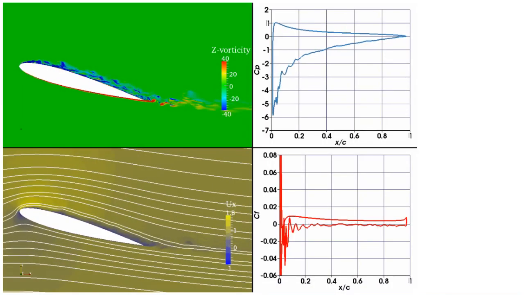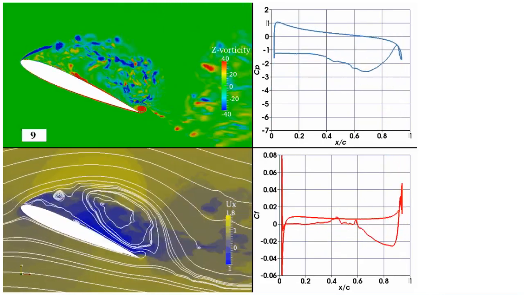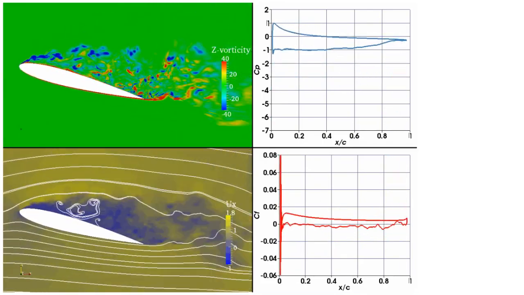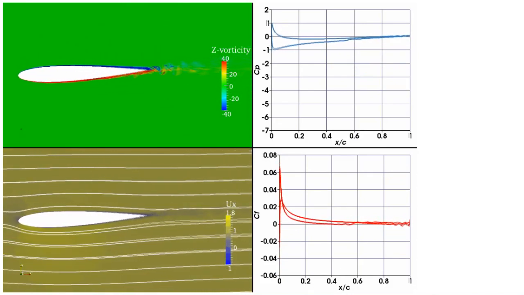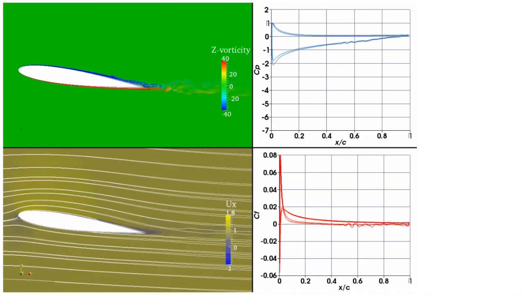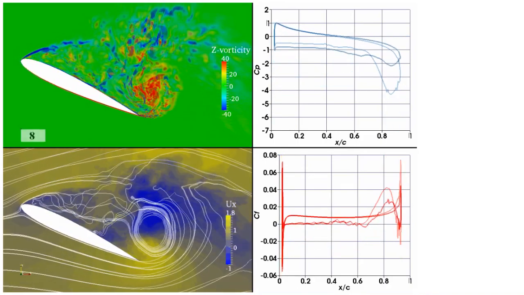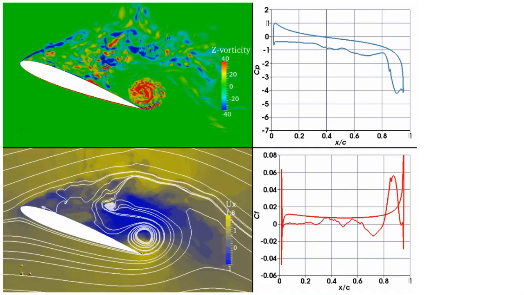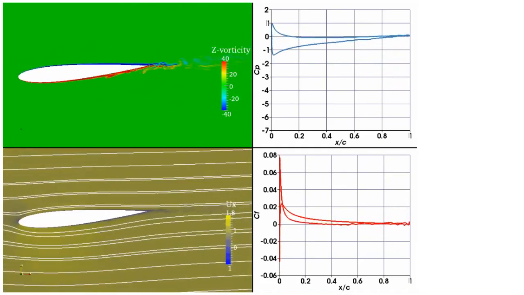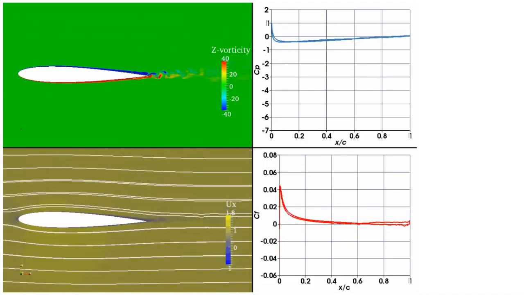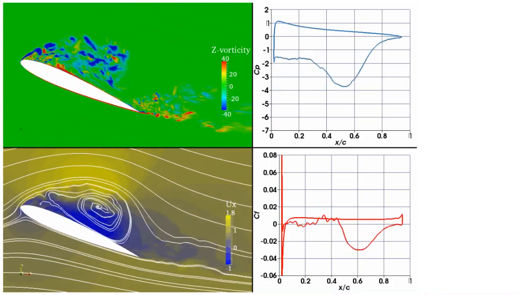Okay, here we have a numerical simulation of the flow over a symmetrical airfoil. On the upper figure we can see the vorticity, the formation of vortices along the airfoil, and on the bottom figure we have the component of velocity in the x direction, which will be along this direction here.